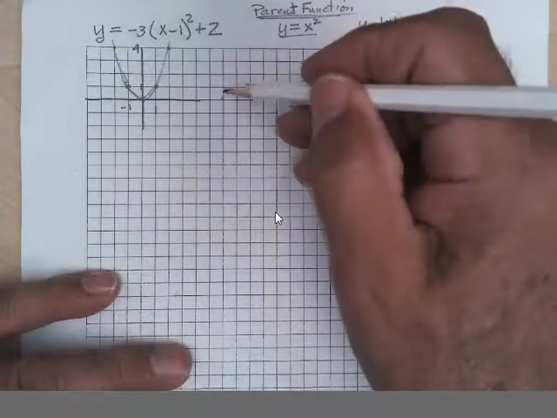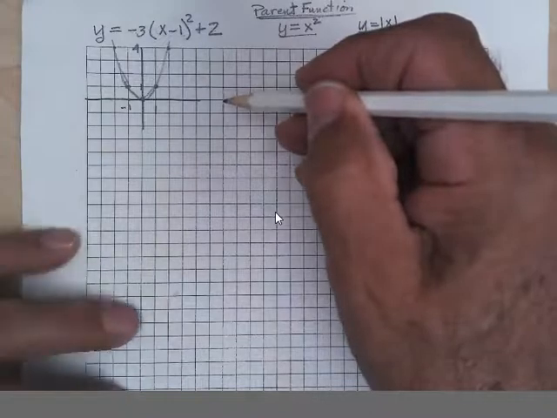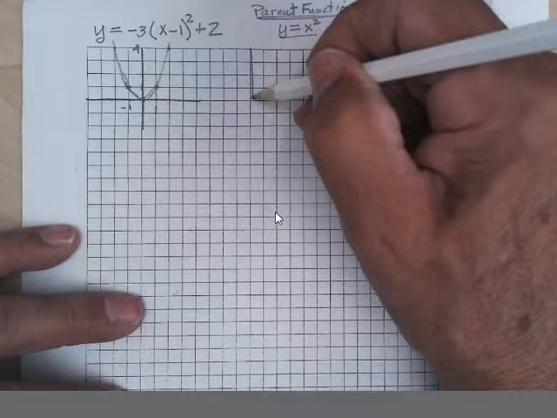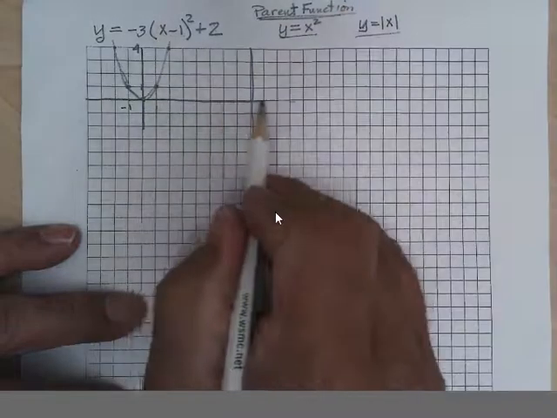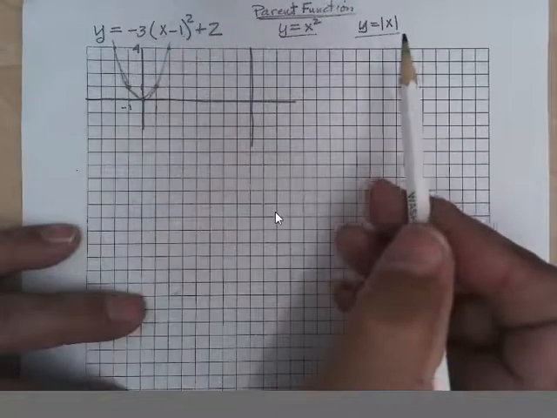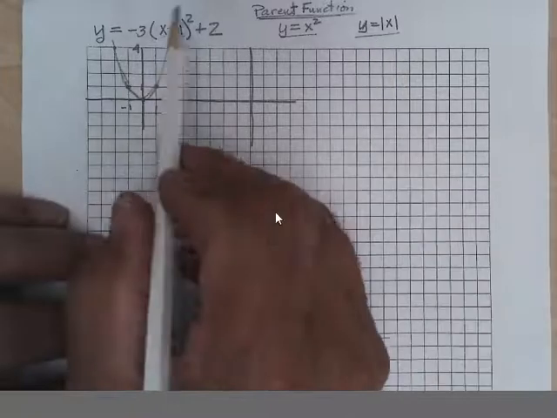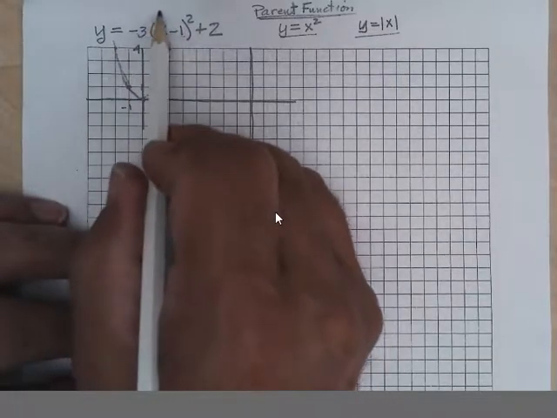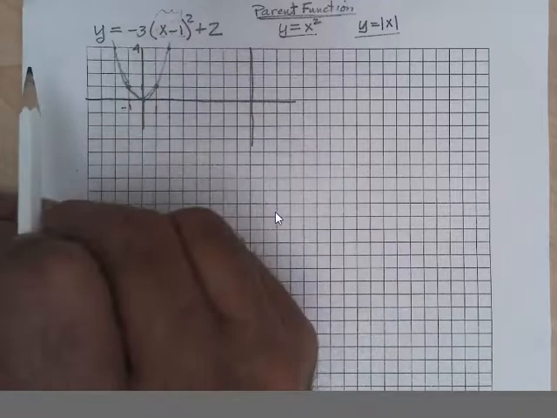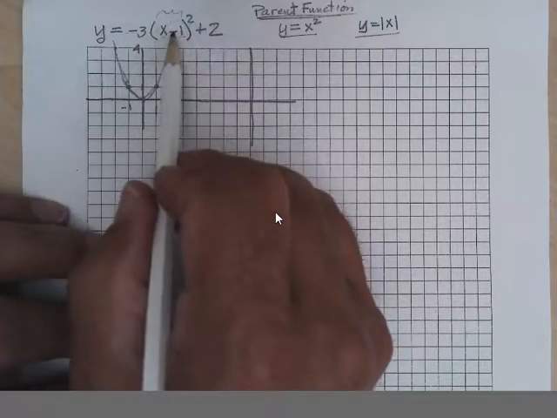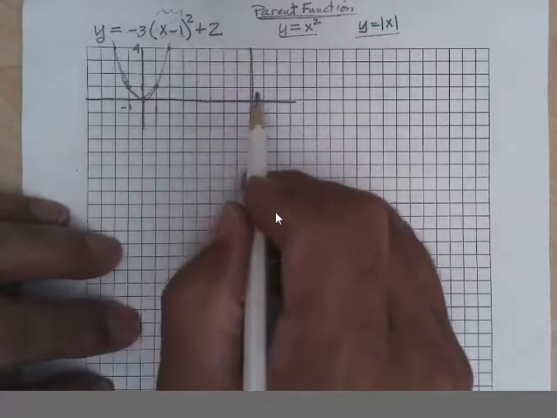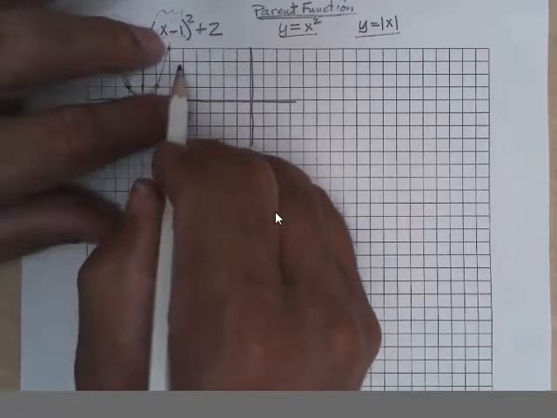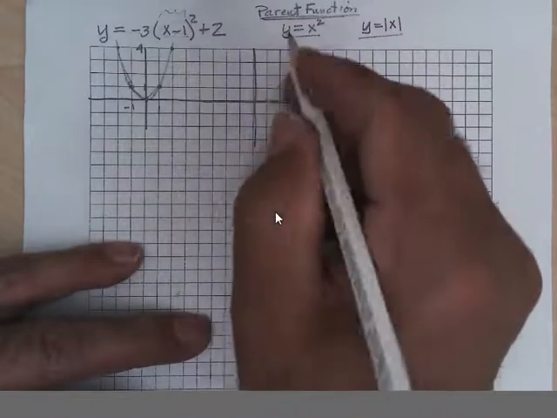So let's do the inside first. So I'm going to draw a new axis. There's only one number in there, so I don't have to worry about order of operations. It's subtract 1, and of course, as we've talked in class, everything inside works backwards. So minus 1 moves the parabola plus 1. So every one of these points gets moved 1 to the right.